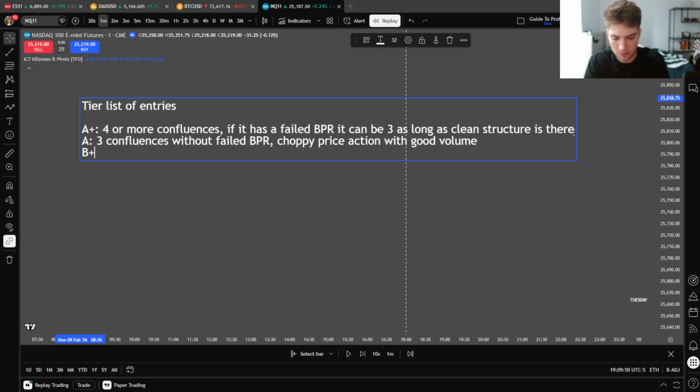B+ would be a clean move with good structure, 2 confluences of solid magnitude like BPR, or in this case engulfing.